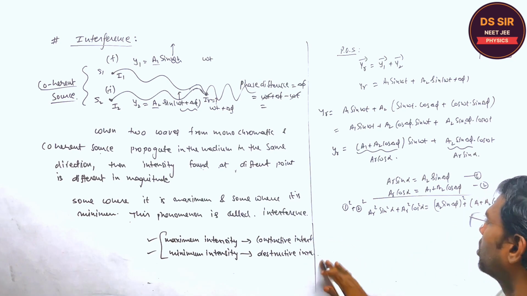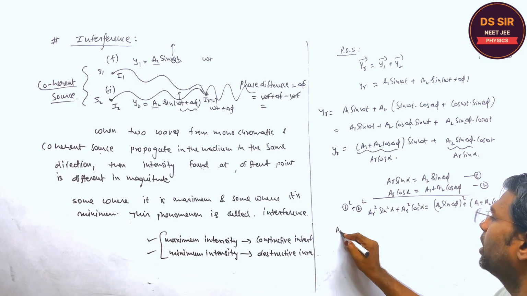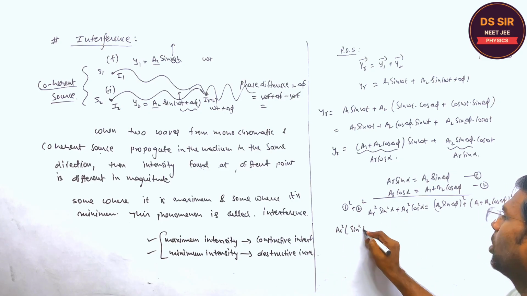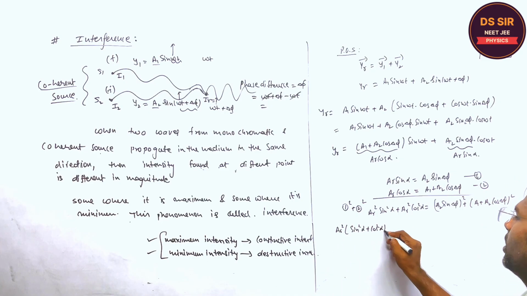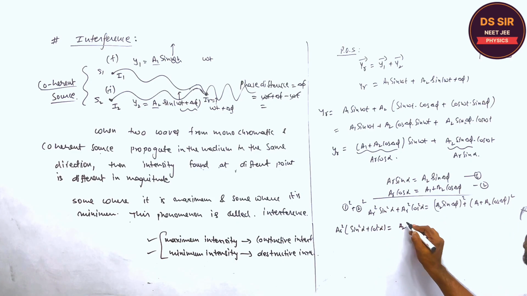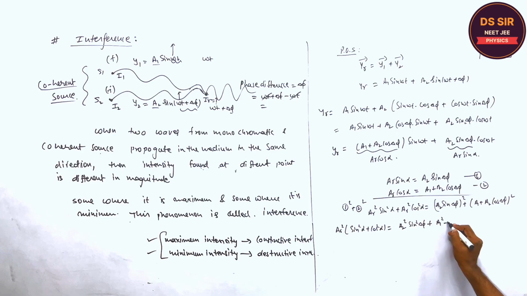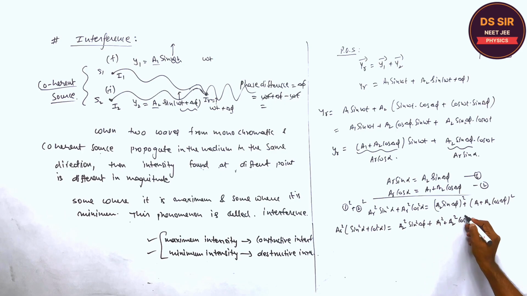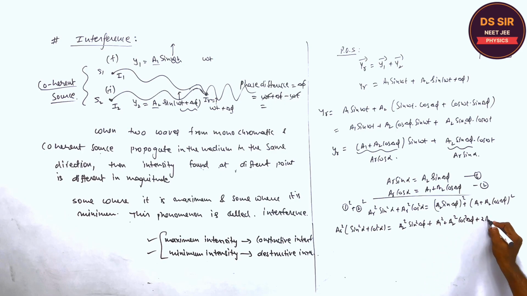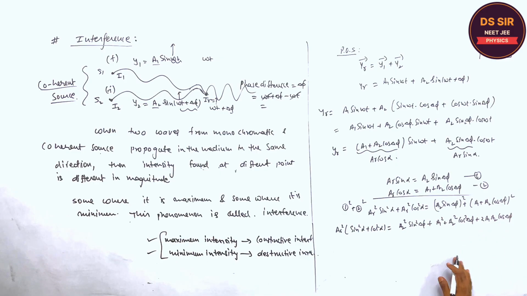Is it clear or not? So from here AR square is common, sine square alpha plus cos square alpha is equal to A2 square sine square delta phi plus A1 square plus A2 square cos square delta phi plus 2A1 A2 cos delta phi. Is it clear or not?